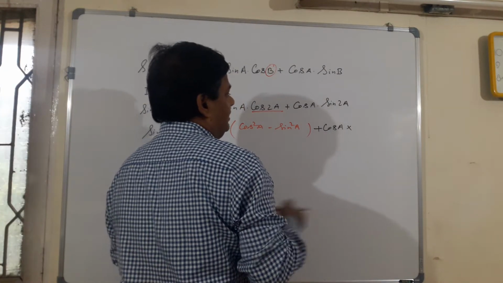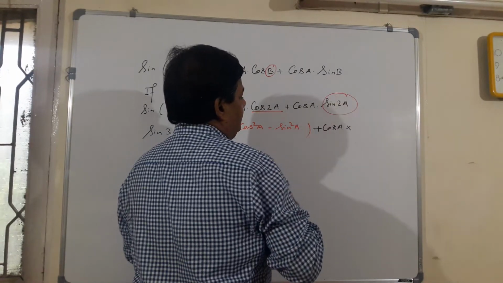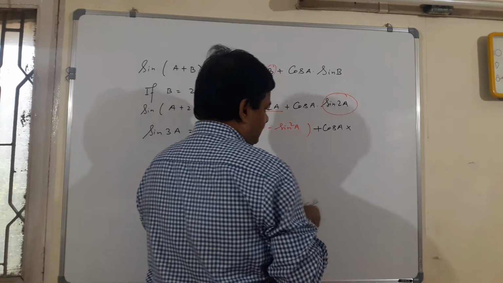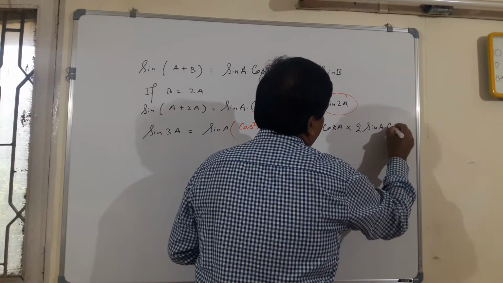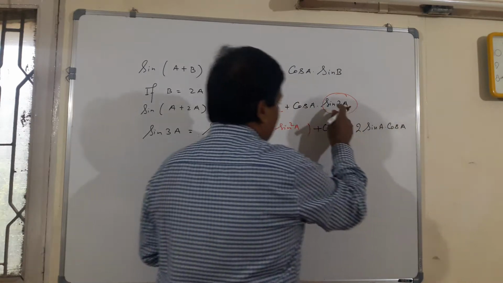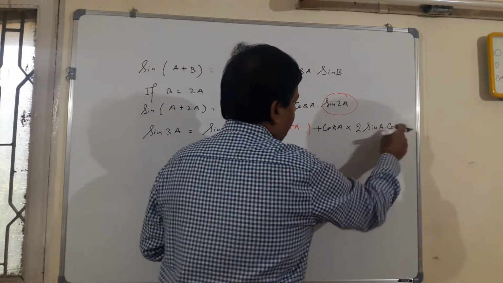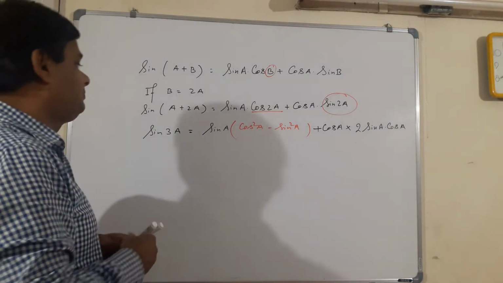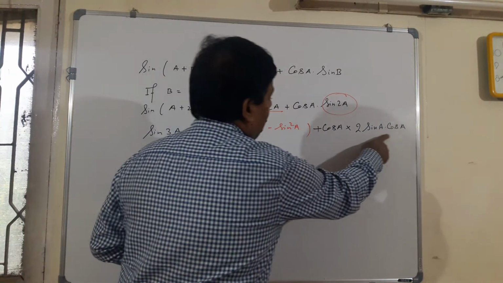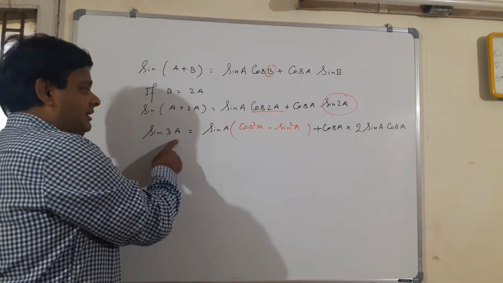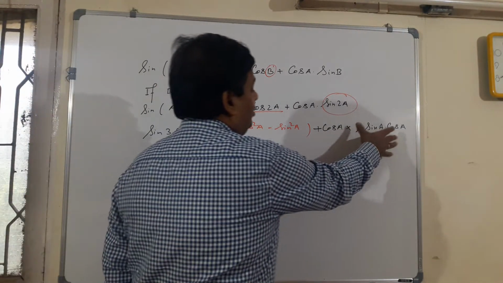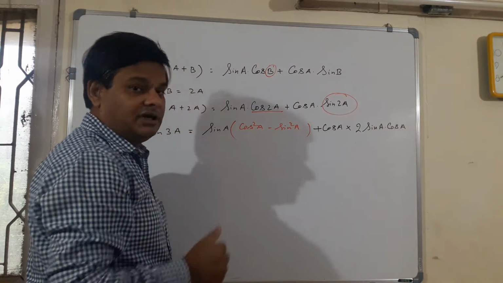Here sin 2a is equal to 2 sin a into cos a. Now our purpose is to convert all of this into sine form, because we have sin 3a.